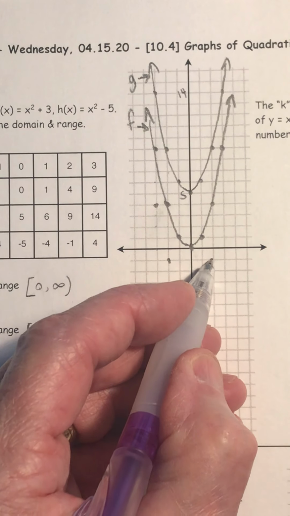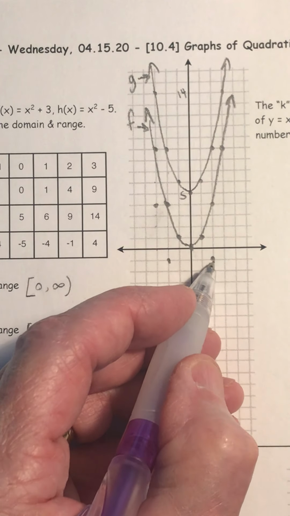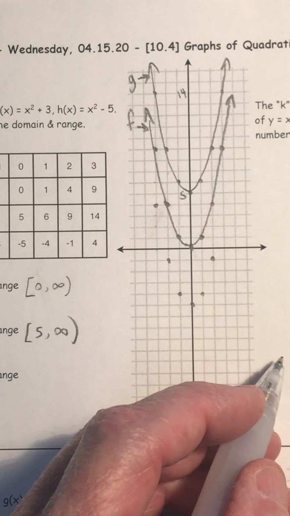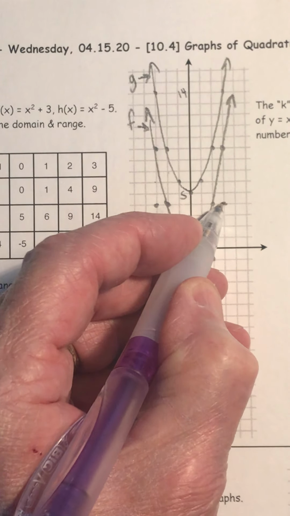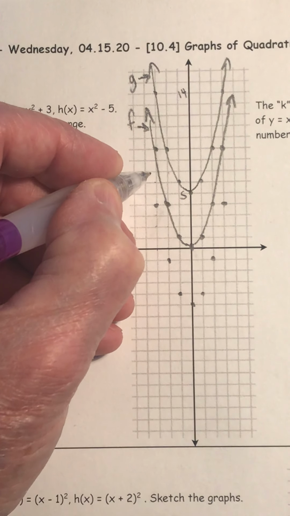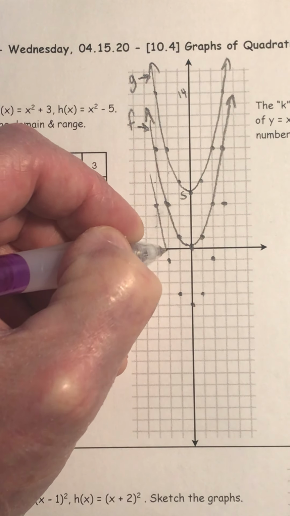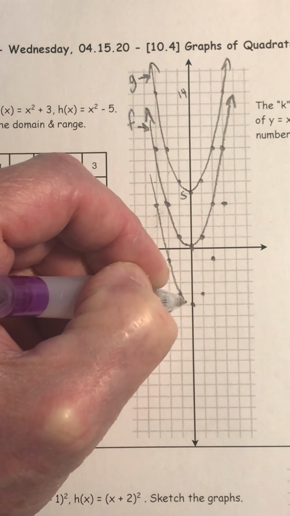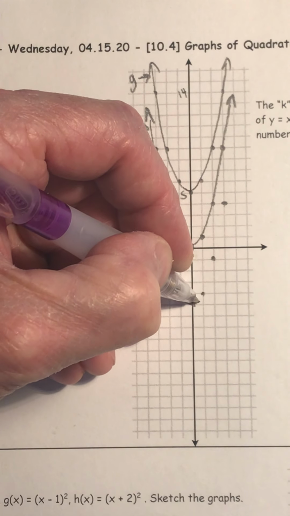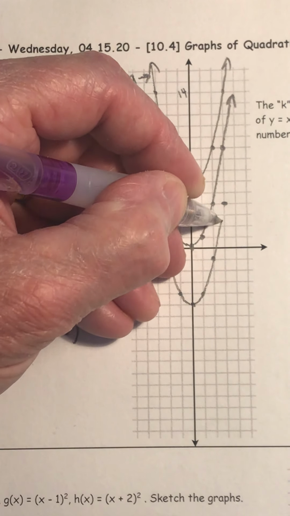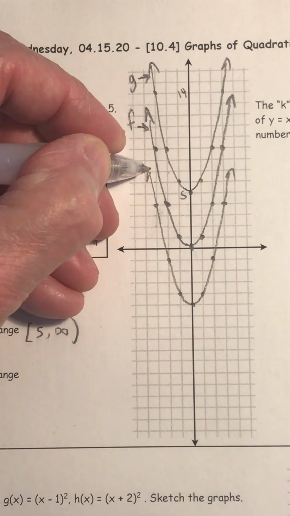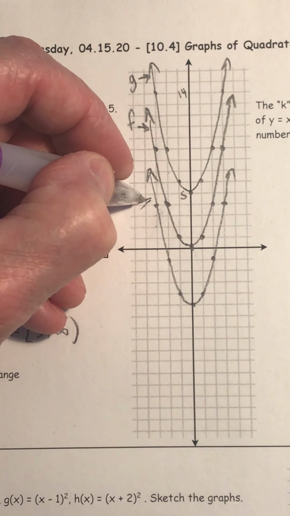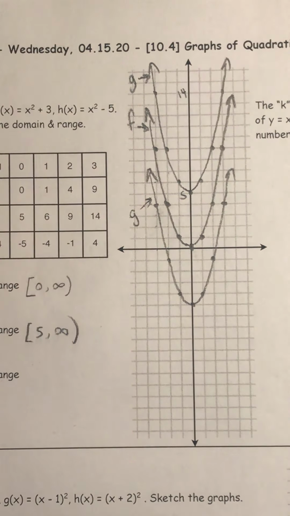These things are symmetric, right? At 2, we're back to negative 1. And at 3, we're back to positive 4. And draw that in there. Nice and careful. So there is the graph for g of x.